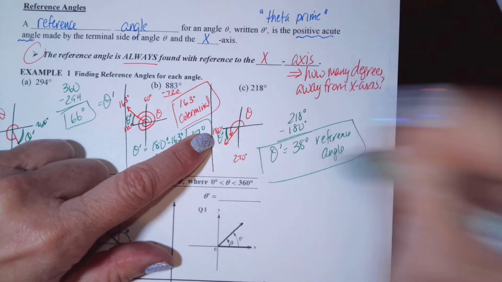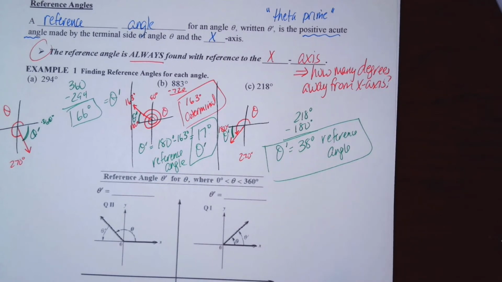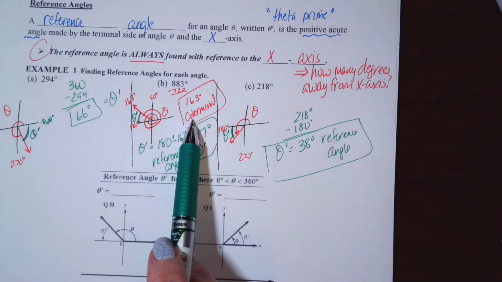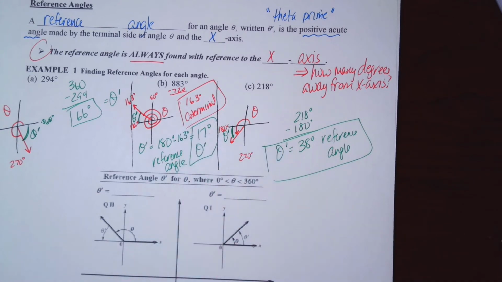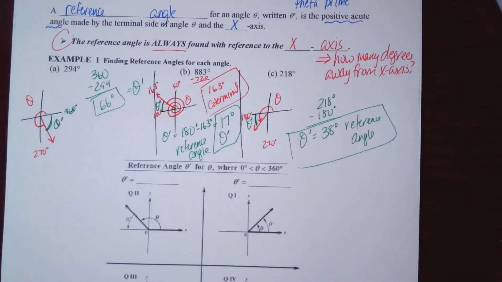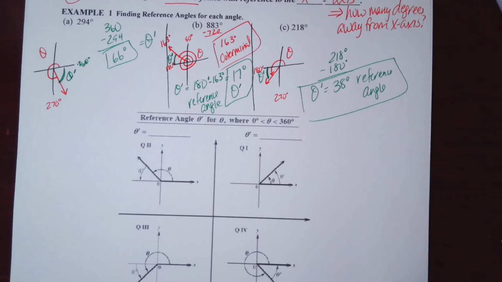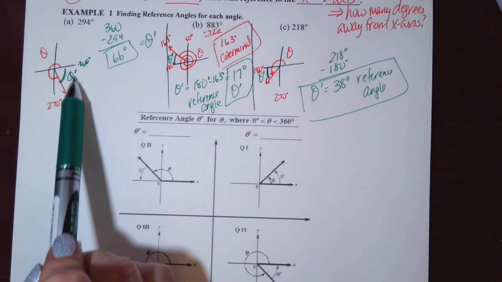So coterminal angles and reference angles are not the same thing. Coterminal angles are angles with the same terminal side. Reference angles tell me how far away I am from the x-axis. Now you'll notice I used different methods to calculate that reference angle. It's going to depend on which quadrant I land in. Over here, I said, okay, how far would it take for me to get to this full rotation of 360?